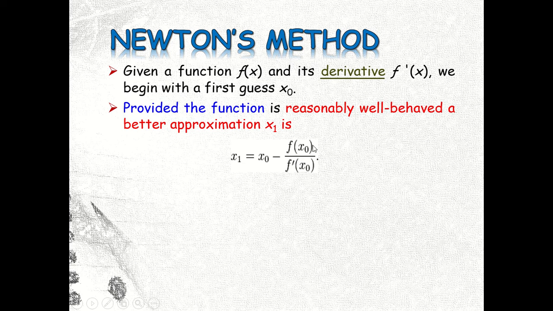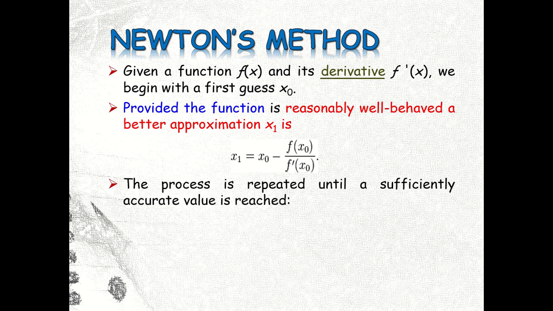Meaning you have a function, then you substitute that value to that function and divide that result by the value of the first derivative with the same guess substituted, and you can solve the value for x sub 1. Right, so the process is repeated until a sufficiently accurate value is reached.